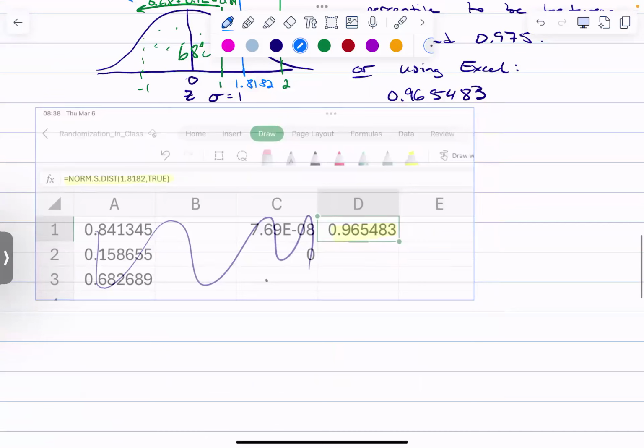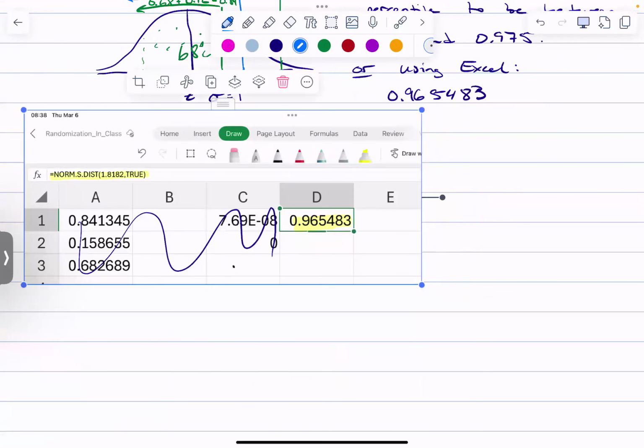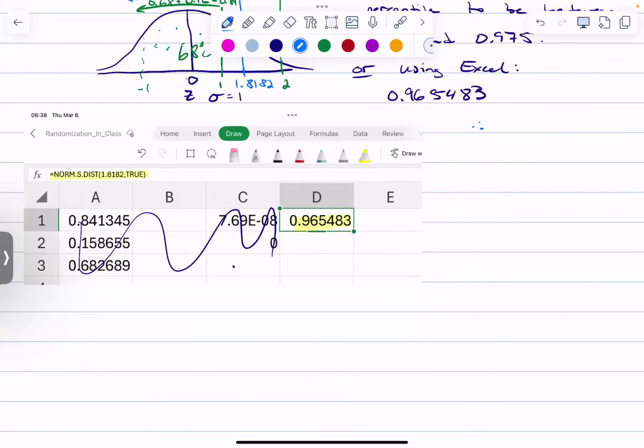Maybe this doesn't need to be quite so big. Therefore, Adrian is at the 96.5th percentile for heights.